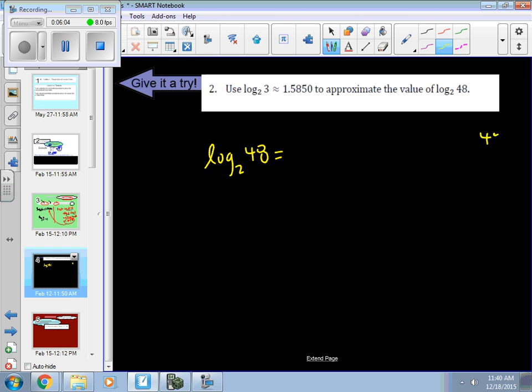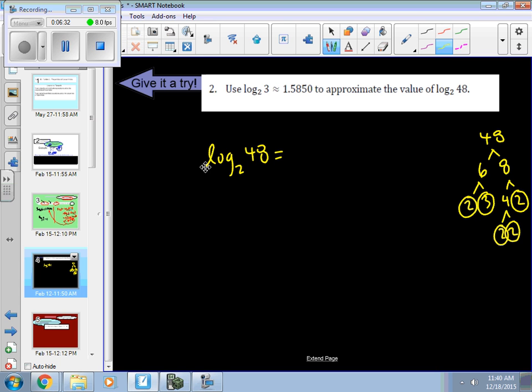If we make a little tree diagram here, two numbers that multiply to 48 would be 6 times 8. 6 is the same as 2 and 3, and 8 is the same as 4 and 2, and then we know 4 also breaks into 2 and 2. So it looks like 48 is the same as 2 times 3 times 2 times 2 times 2.